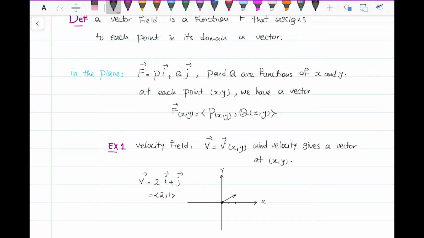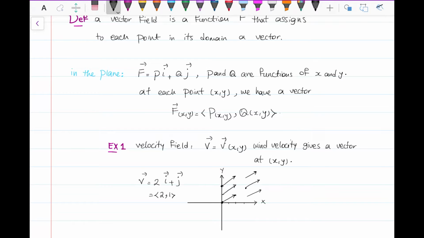This vector. Okay, at another point, for example, at the point (3, 3), we have the vector (2, 1). At the point (0, 2), we have the vector (2, 1). And if I want to graph this vector field, I should have something like this.